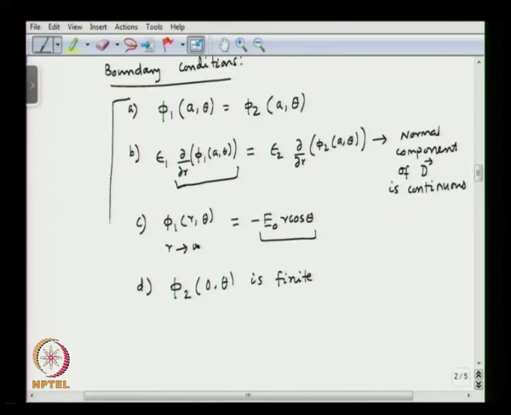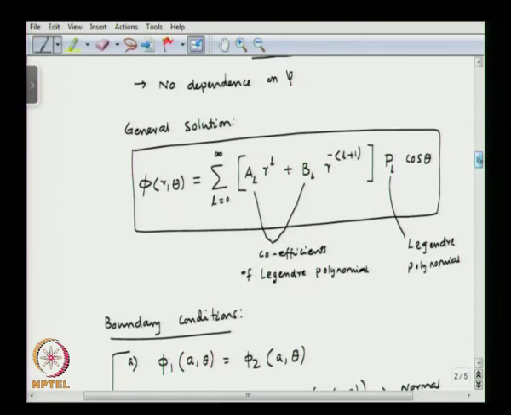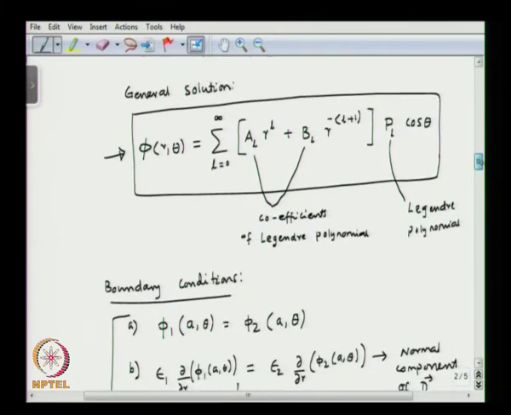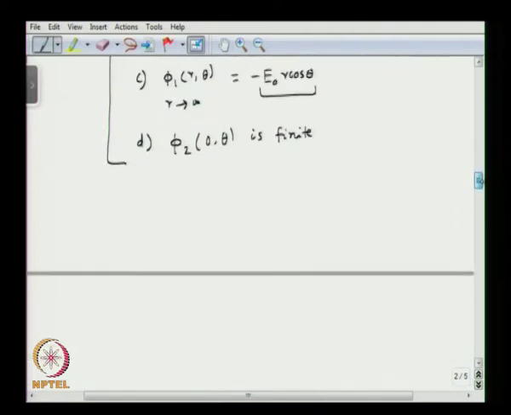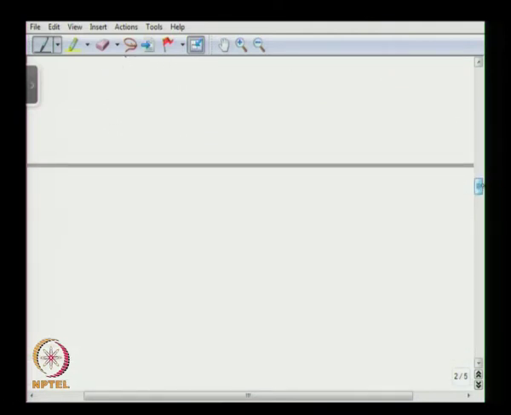So with these four boundary conditions we can evaluate the unknowns in this solution expression for phi of r, theta. If we do that, we can write the expression for phi.